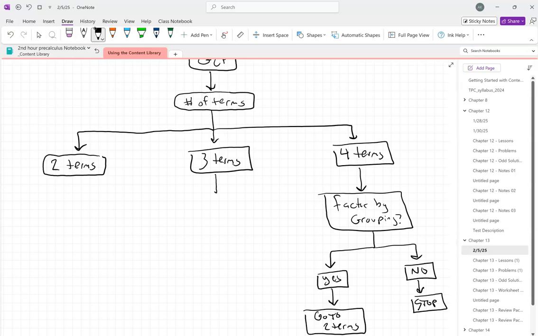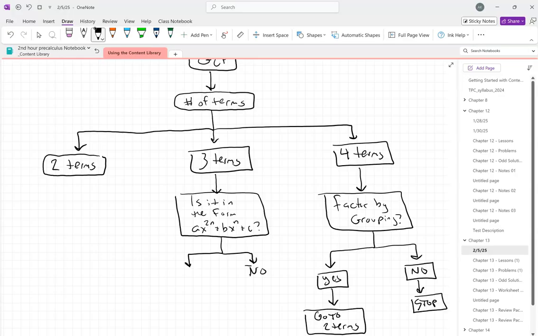Okay. If I have 3 terms, I ask, is it in the quadratic form? If it's not, we stop.